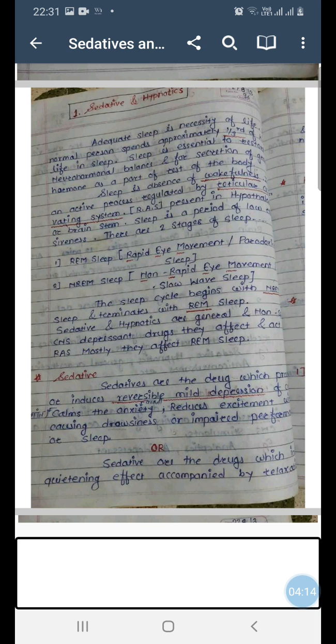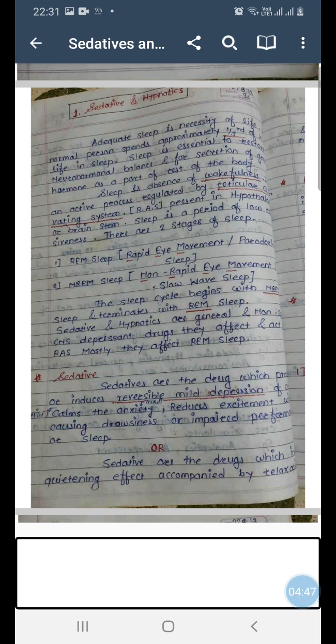Now, before thorough research on sleep, scientists used to believe that sleep is a passive process. But afterwards, it was declared that sleep is an active process which is controlled by a system called the reticular activating system, and this system lies in your brain stem or hypothalamus, or you can say the lower part of your brain.